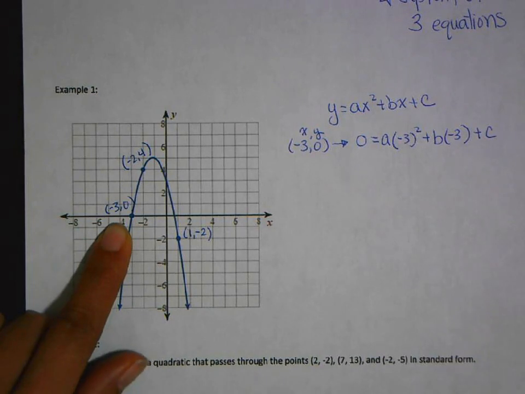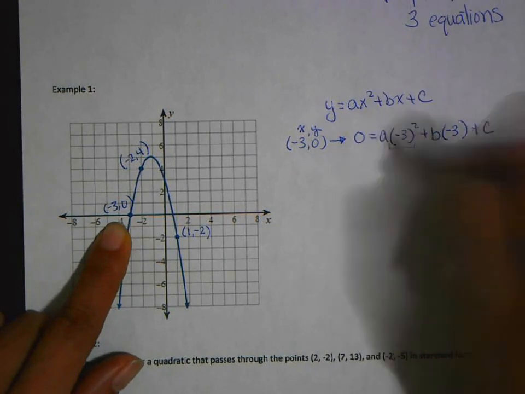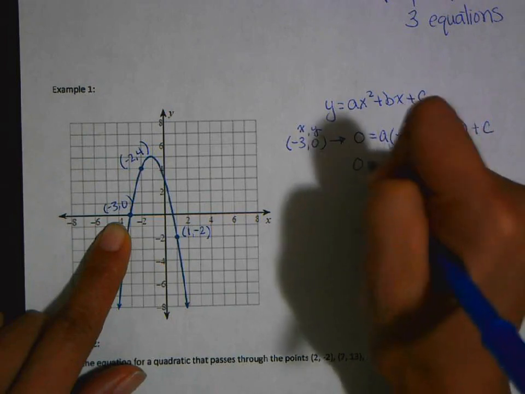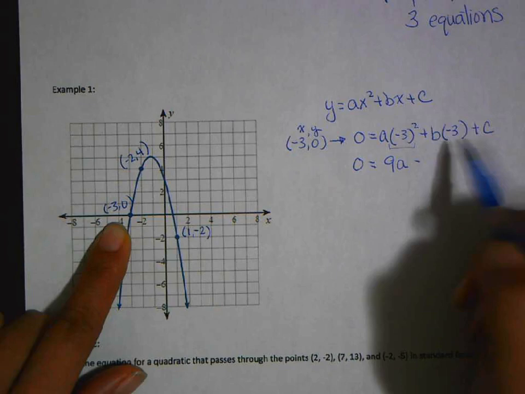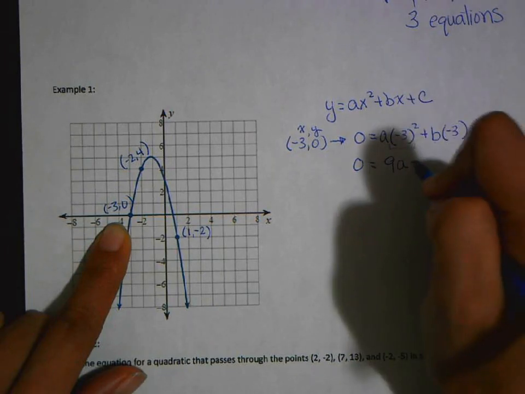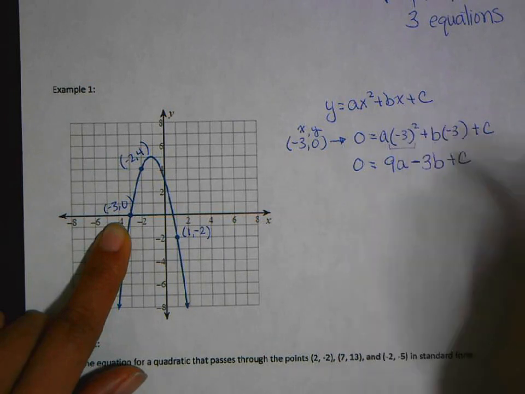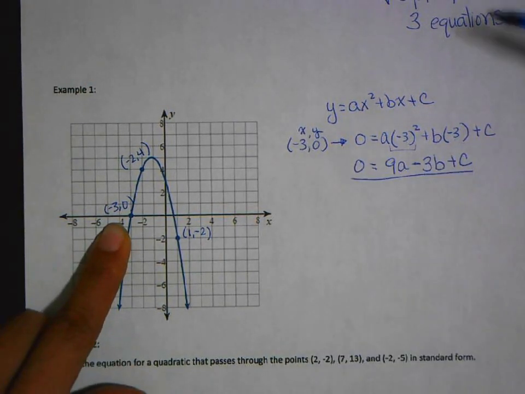All the x's go in the x, the y goes in the y. Simplifying, (-3) squared is going to give me 9, so I'm going to have 0 equals 9a. And then b times -3 is going to give me -3b, so minus 3b plus c. There's nothing I can do with that. So that's one of the equations out of my system of 3 equations.